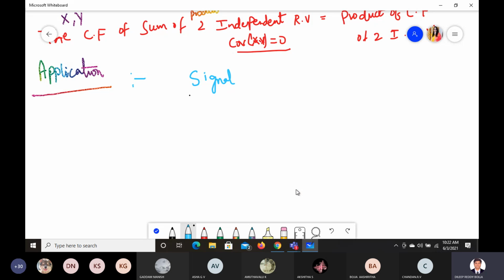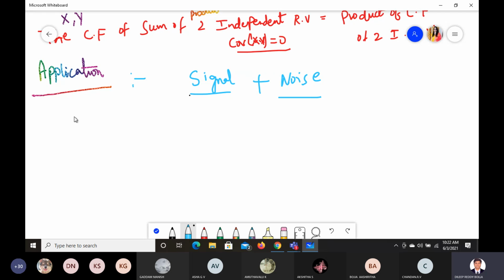Now, when we are transmitting any signal, along with the signal we will get noise. Anything you transmit along with the signal will get noise.